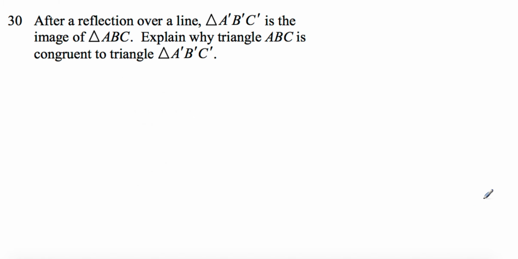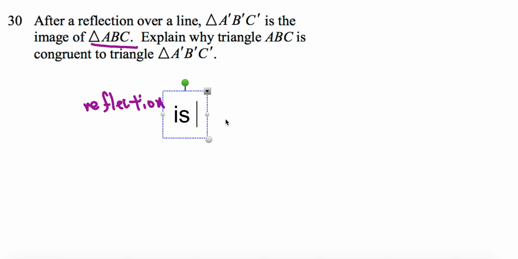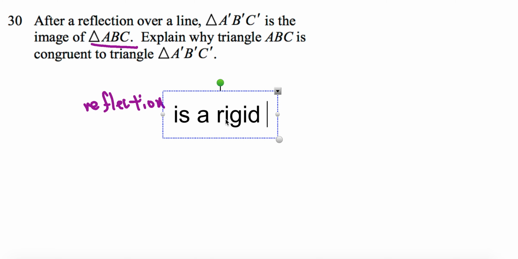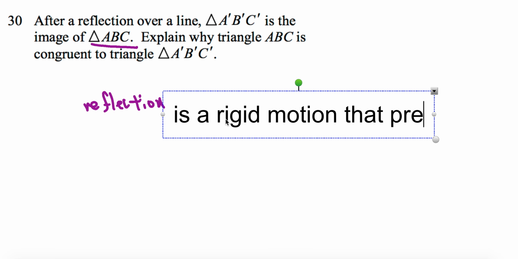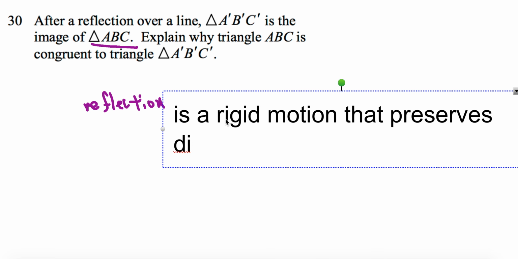Number 30. After a reflection over a line, triangle A prime B prime C prime is the image of this one. Explain why triangle ABC is congruent to triangle A prime B prime C prime. Simply put, a reflection is a rigid motion that preserves distance and angles.